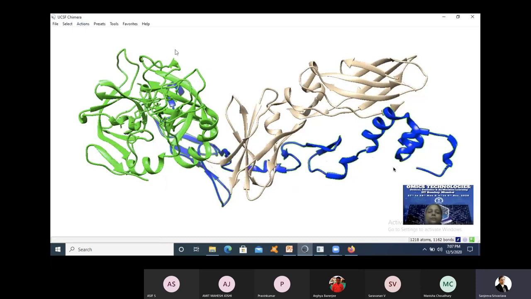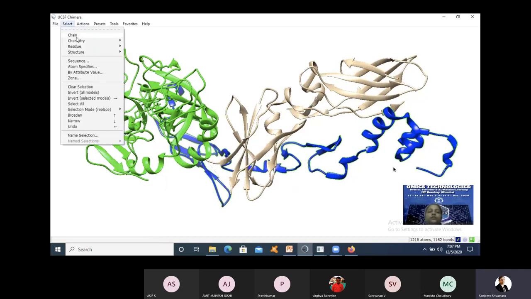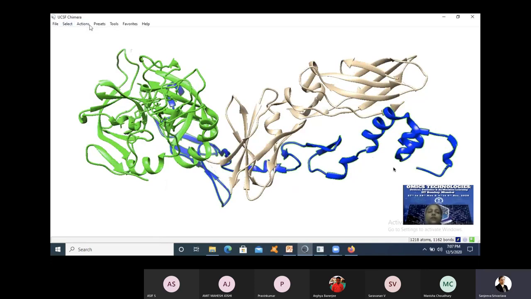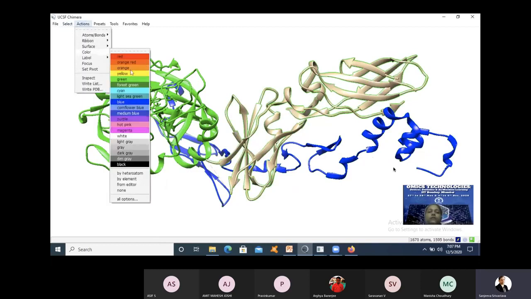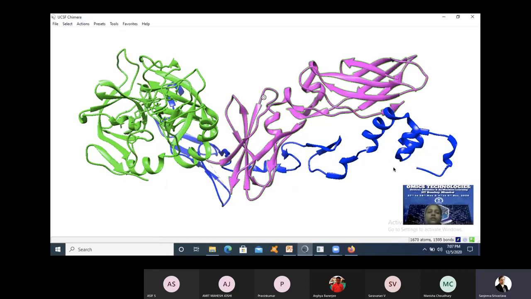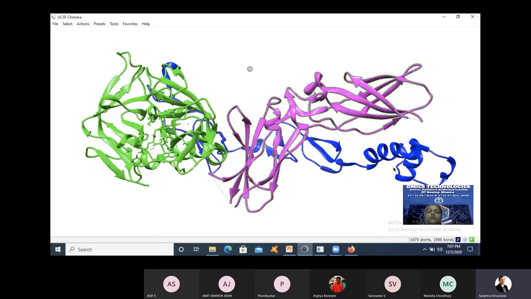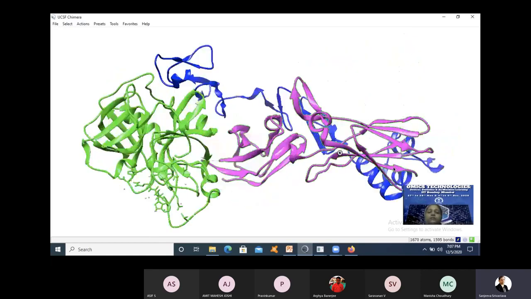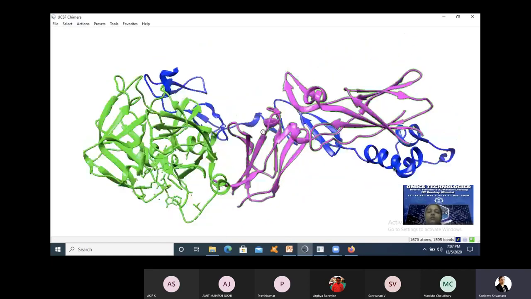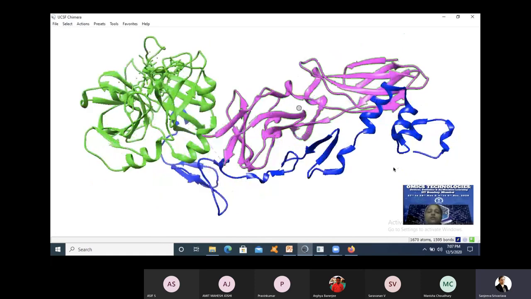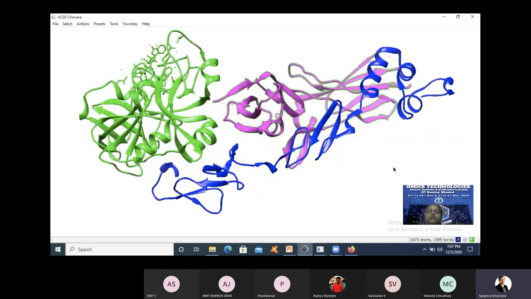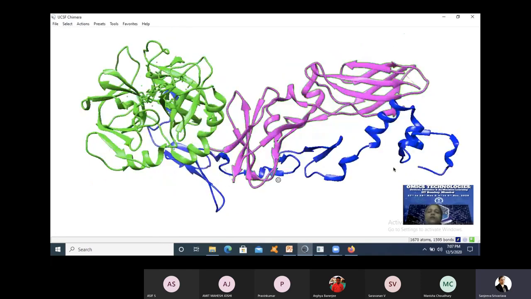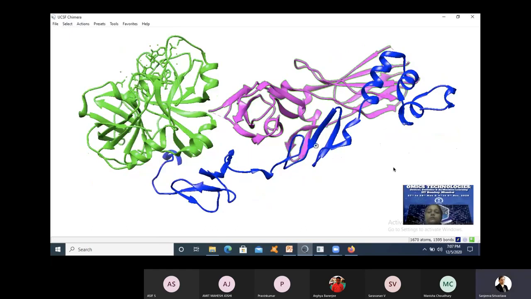Then I went to the tissue factor and made it magenta. Now you can see that both the proteins are different in color. We have only two proteins here. The heavy and light chain belong to factor 7a, and the tissue factor is bound to it.